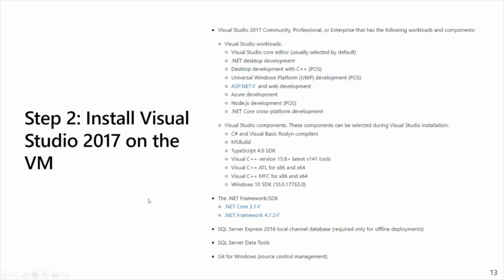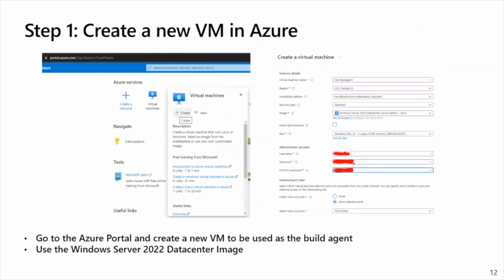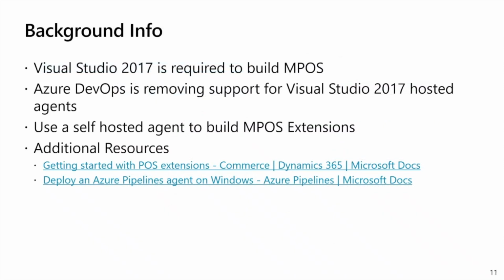So then once the VM is created in Azure, the next two steps are basically to install the development prerequisites on the VM. The first one being Visual Studio 2017 with the components on the right. And those components are also listed in the documentation on the doc site, and that's also shown here and linked in the additional resources section of the background info slide.